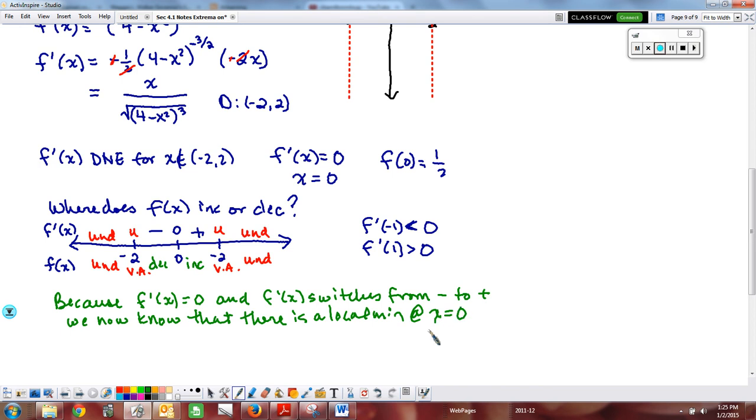Okay. Now the next question: the derivative equaling 0 at an x value and then switching signs from negative to positive gives us that there's a local min.